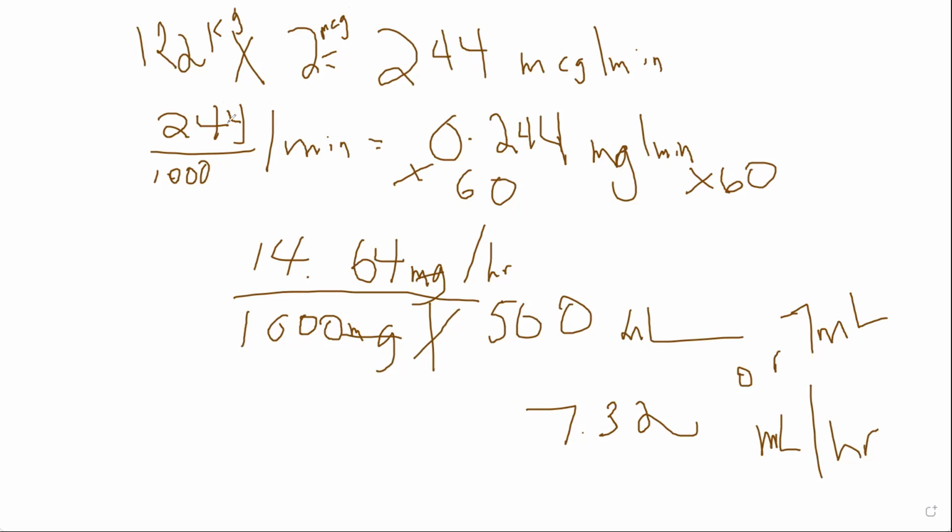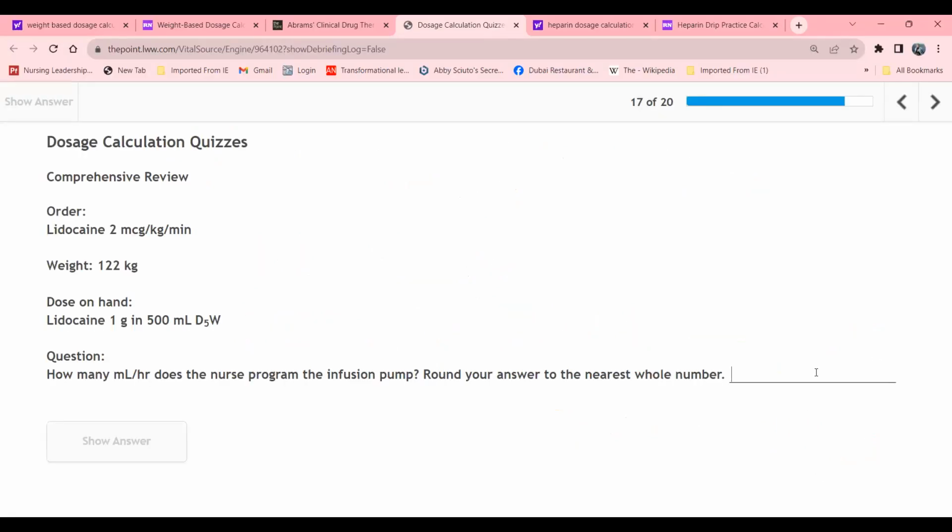I needed milligrams, so I divided it by 1,000, and that gave me 0.244 milligrams per minute. I multiplied both sides by 60 to convert it to an hourly rate. That gave me 14.64, which I divided by the 1,000 per 500, and it gave me 7.32, which I rounded to 7. Well, let's go back to our page, and let's see if we're rock stars or not.